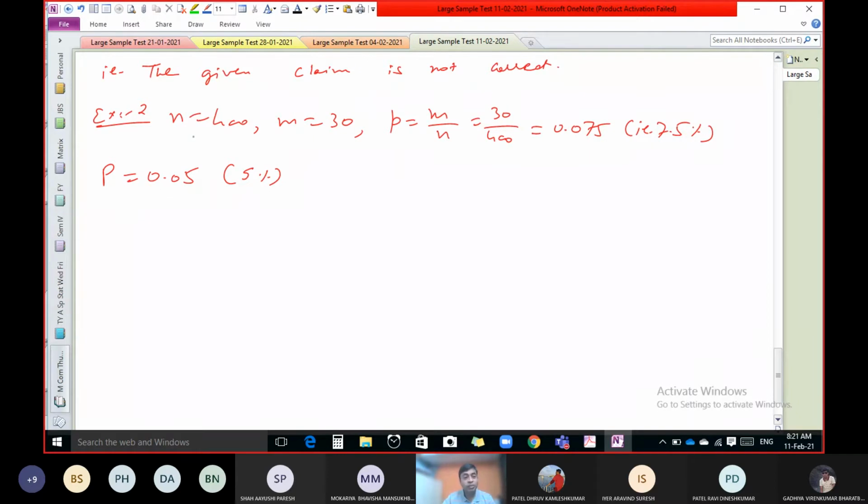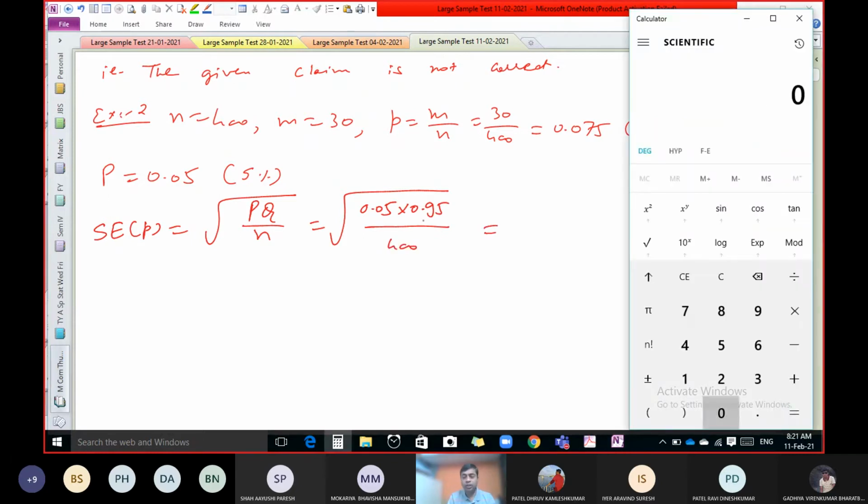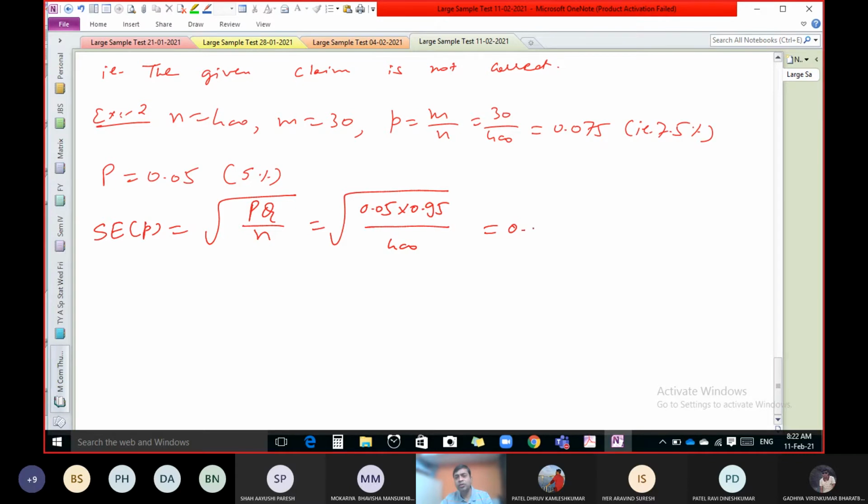Okay, so first of all let us find the standard error of proportion: the root of 0.05 into 0.95 divided by 400. Let us do this calculation. We get 0.0109.